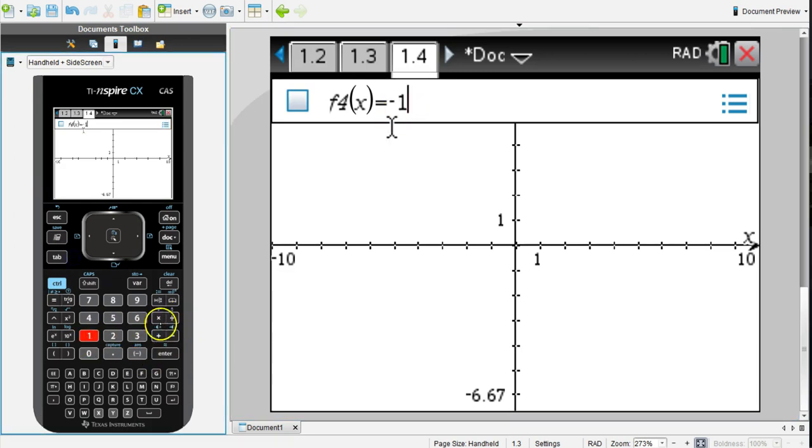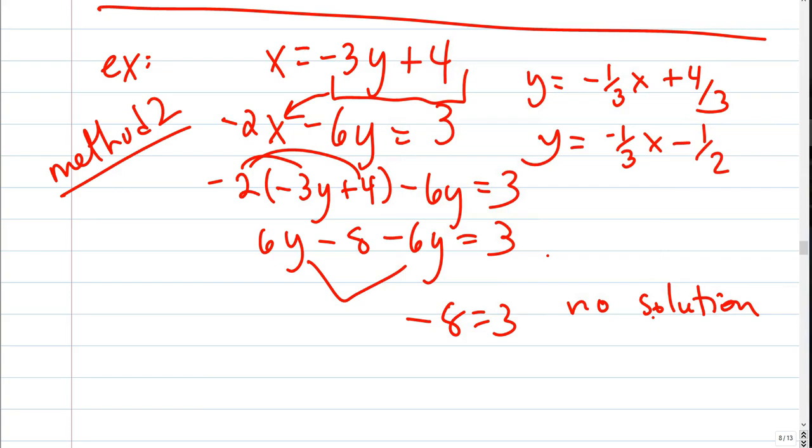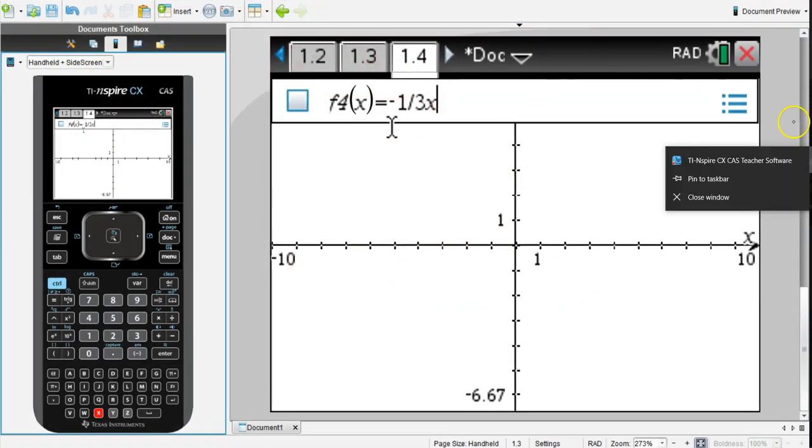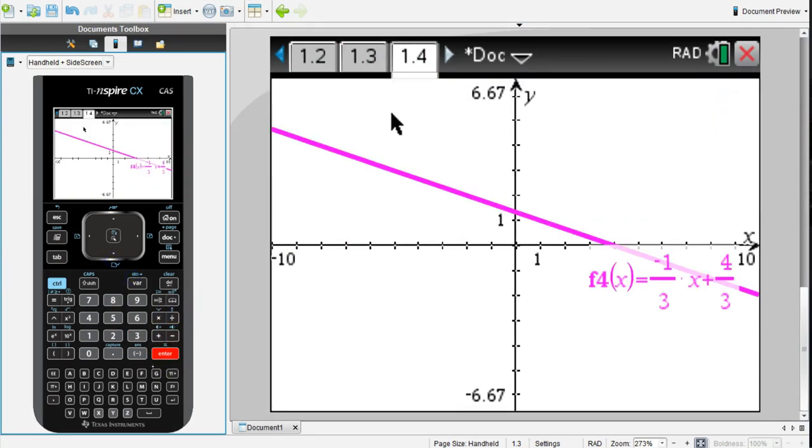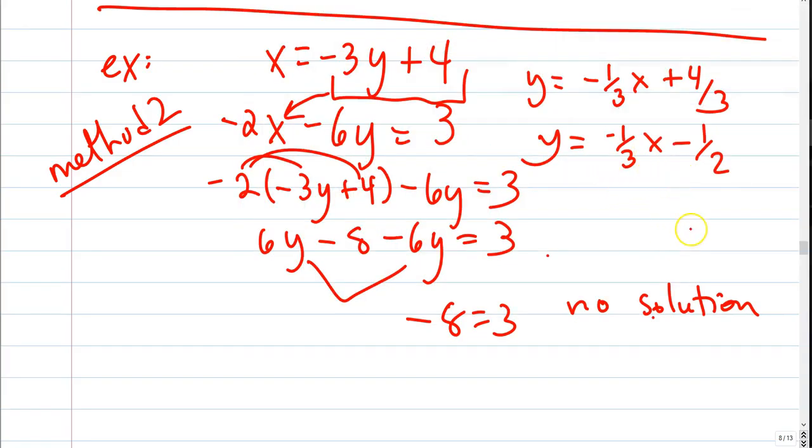Negative 1/3 x, was it minus or plus? Plus 4/3. Oh, that's beautiful. My intercept of 4/3 going down 1/3. What's our next one? Negative 1/3 x minus 1/2.